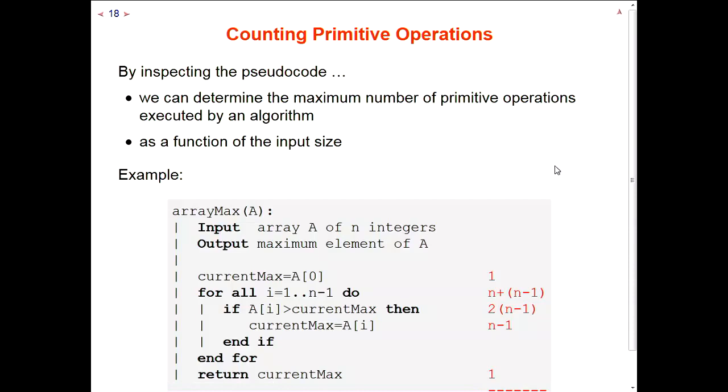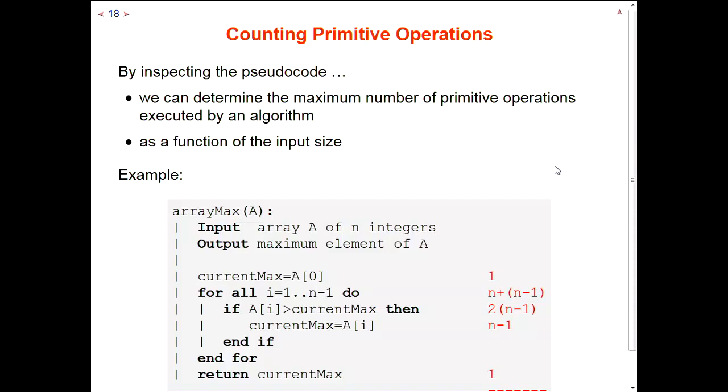When we know what we want to count as primitive operations, then we can actually look into our pseudocode and start counting. How many primitive operations are required? What we typically do is not count the exact number, because the exact number of primitive operations might depend on the structure of the input.